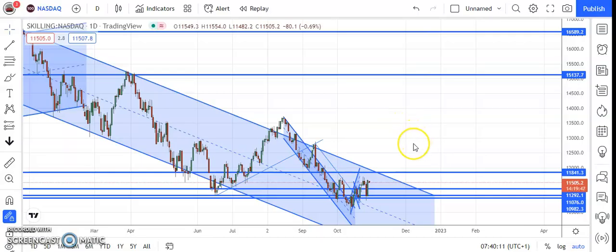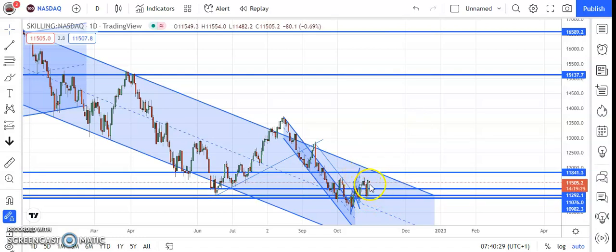Next is Nasdaq. So Nasdaq is the same, as obviously this is the US stock, so whatever happens on the Fed meeting will affect the Nasdaq. In the meantime, as we've seen on Friday, we got like a nice bullish candle.